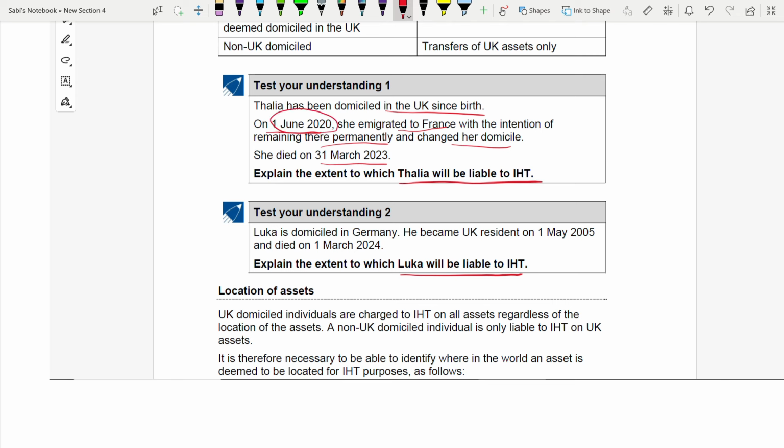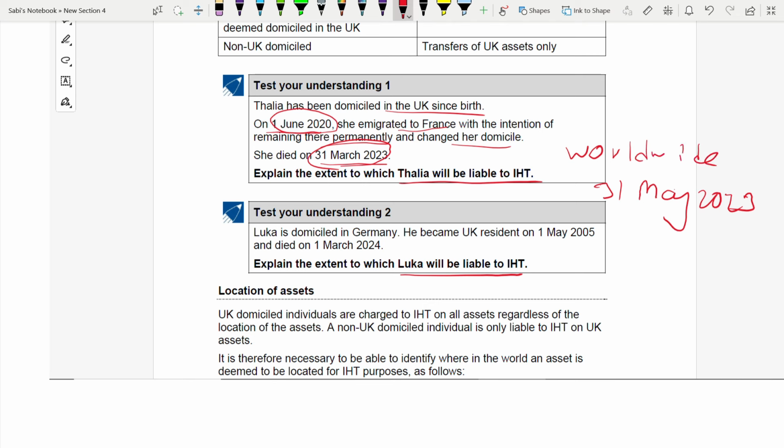But for IHT, she will be deemed to have been UK domiciled for a further 3 tax years, that is till 31st May 2023, if you take from 1st June 2020. So she died before that. That means as her death occurred before 31st May 2023, she will be liable to UK IHT on her worldwide assets, because she will be considered UK domiciled.